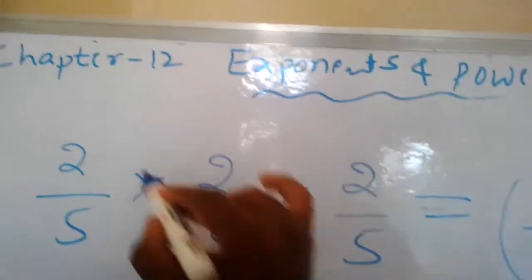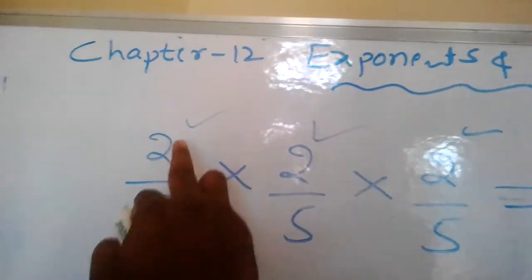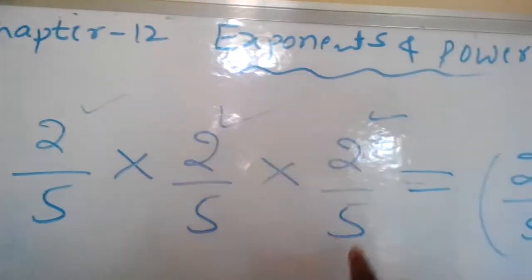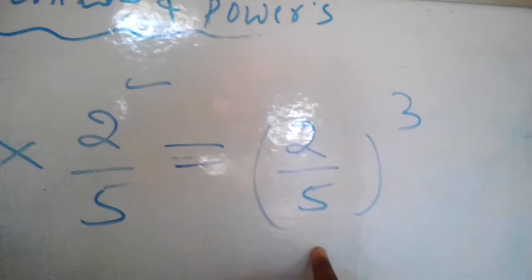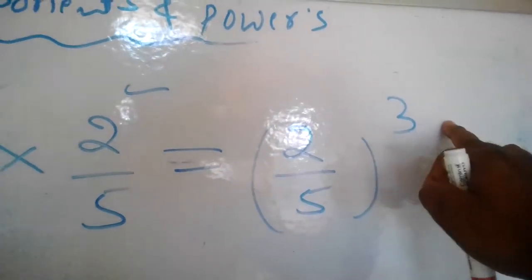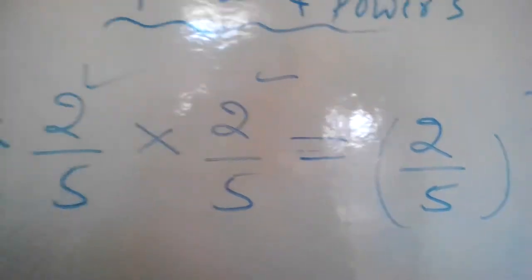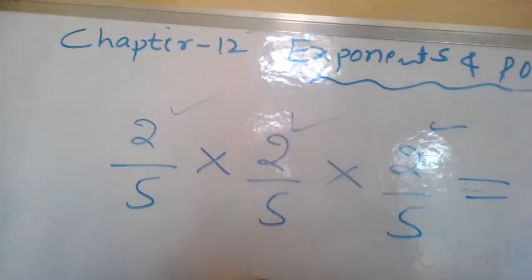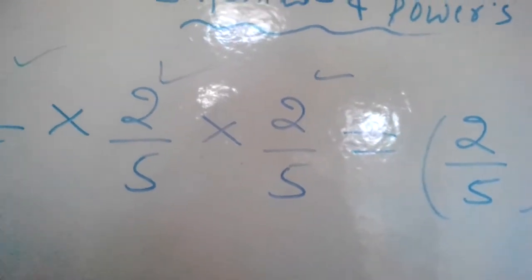Here one time, second time, third time. The rational number 2 by 5 is multiplied by itself 3 times, so this can be represented as 2 by 5 whole cube. Understood? So this is the representation of a rational number in exponential form.